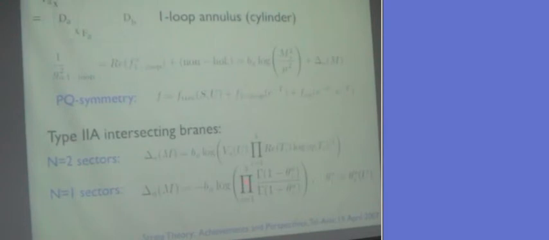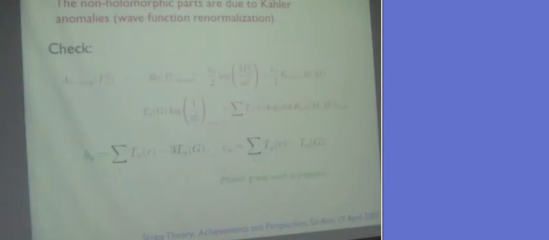But observe that this ratio of gamma functions is entirely non-holomorphic. It depends on the complex structure modulus field as a non-holomorphic function. So this is an entirely non-holomorphic function, which means that in these models the one-loop holomorphic gauge kinetic function is absent.